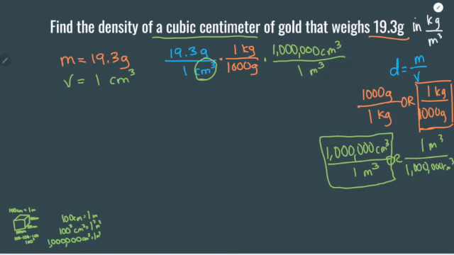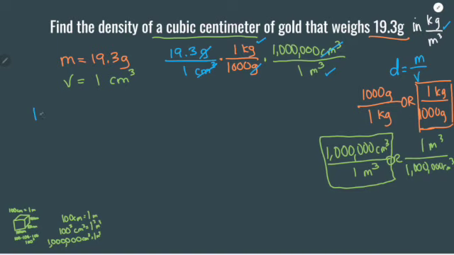First thing we want to do is check our units to make sure they canceled correctly. So we have grams on top canceling with grams on bottom. We have cubic centimeters on bottom canceling with cubic centimeters on top, and what we're left with is kilograms per cubic meter, which is what we were asked to find.